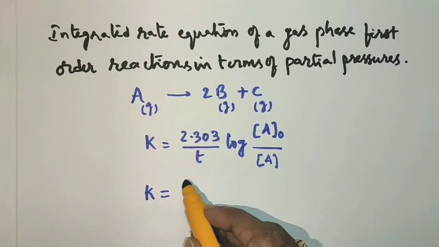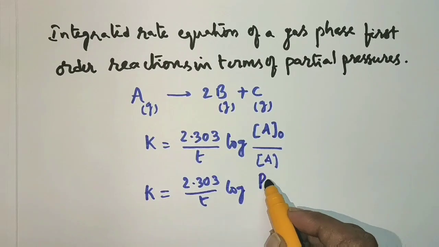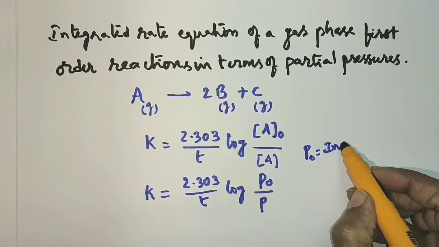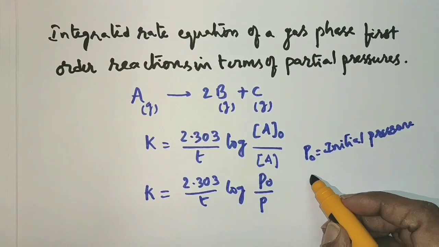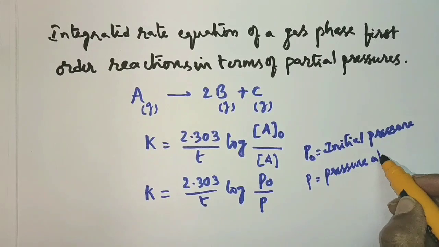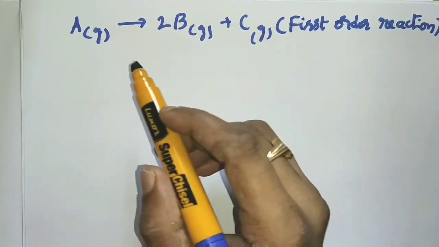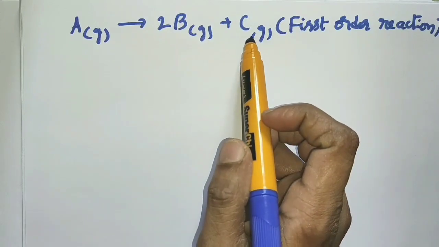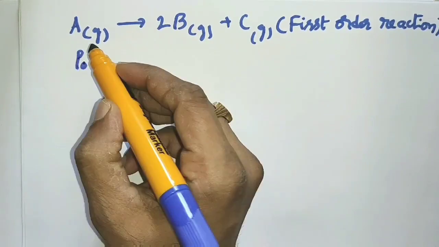K equal to 2.303 by T into log P naught by P, where P naught is the initial pressure of the reactant and P is the pressure of the reactant at time T. Consider a gas phase first order reaction in which reactant A converts into 2 moles of B and 1 mole of C. Initial pressure of A is P naught at time T equal to 0.